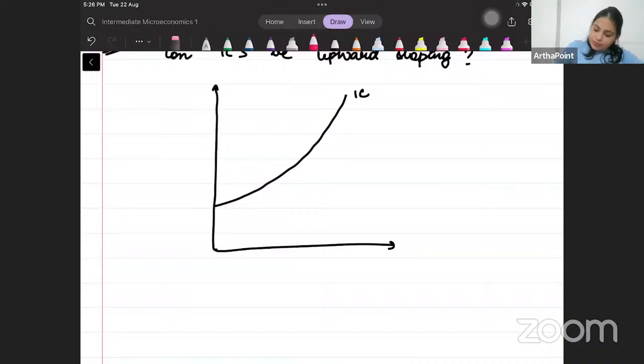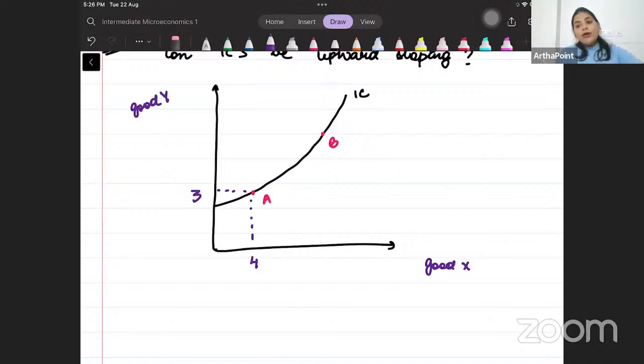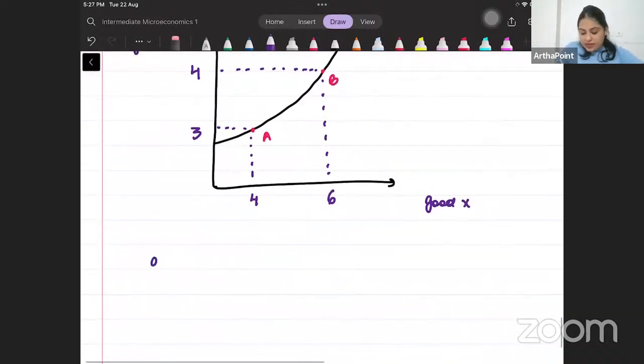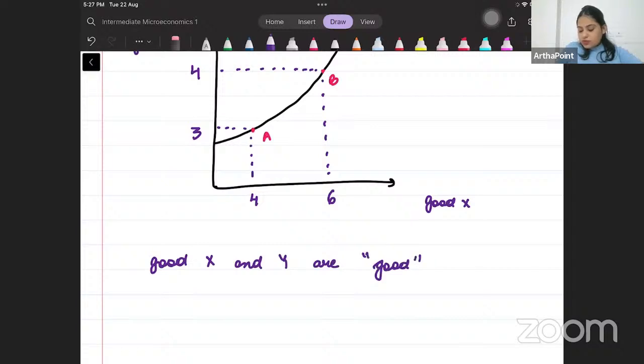Like I take a point A and point B. But a point A has 4 units of good X and 3 units of good Y. And point B has 6 units of good X and let's say 4 units of good Y. But I am saying good X and Y are good goods. This is given to you.